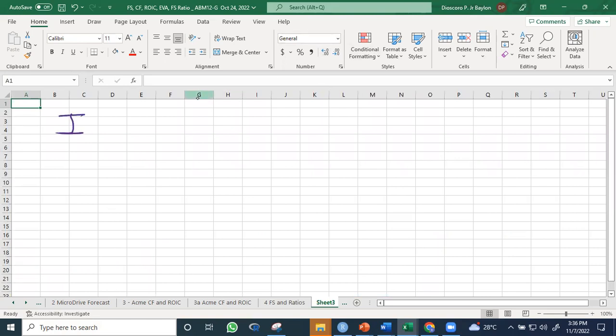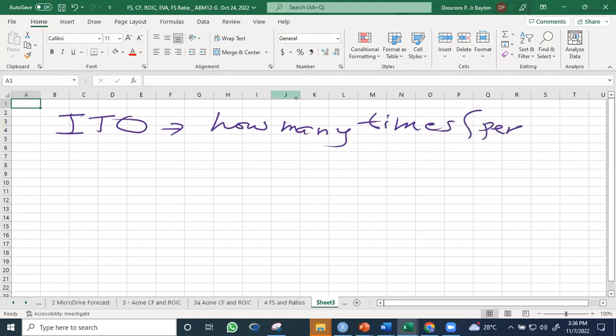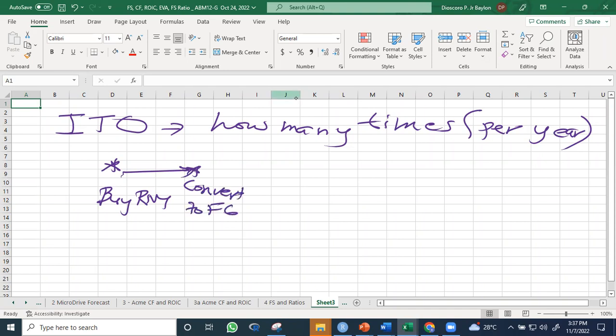ITO, inventory turnover, tells us how many times, assuming that the period we're looking at is 1 year, how many times in a year we, number 1, buy raw materials, and then convert to finished goods, and then sell.